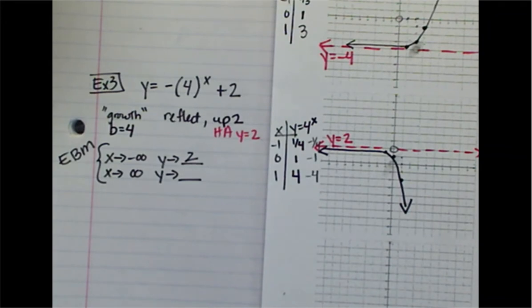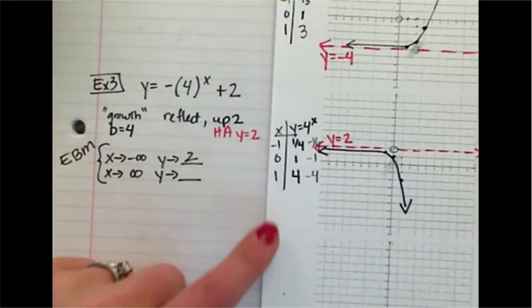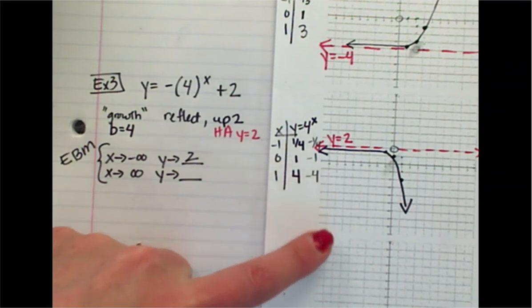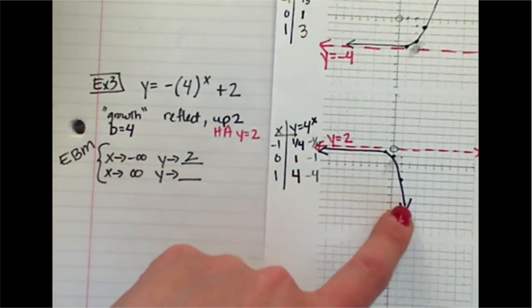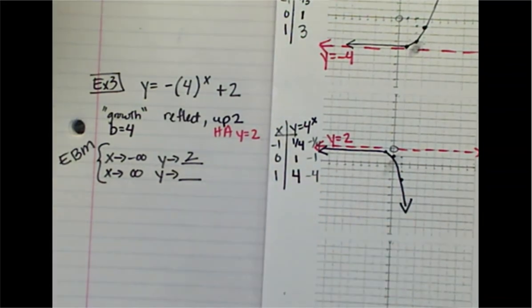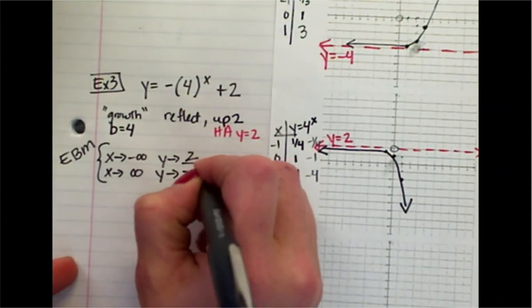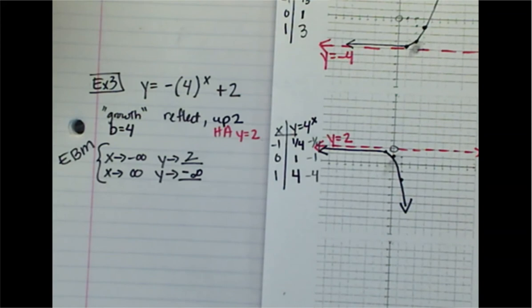And then I look at my table. As I go the positive direction, y arrows to negative infinity. Arrows down, that's a negative coordinate. One of the first graphs we've had that has different answers here, like one's a number and one's an infinity. So will these graphs always have an HA on one side and not on the other? Yes.